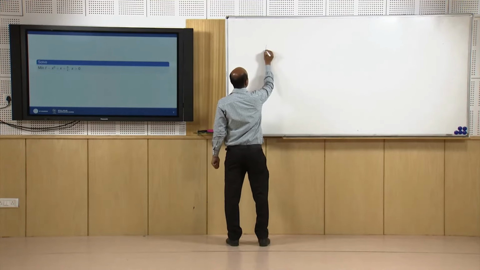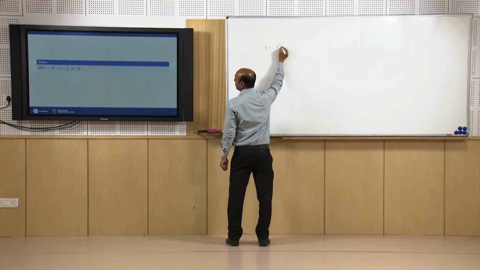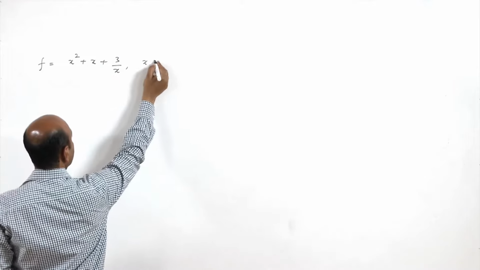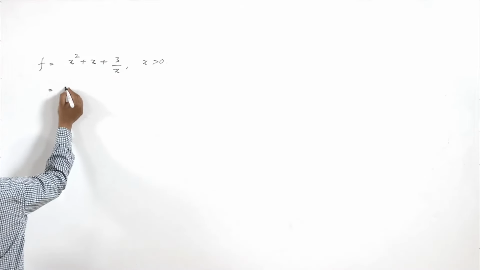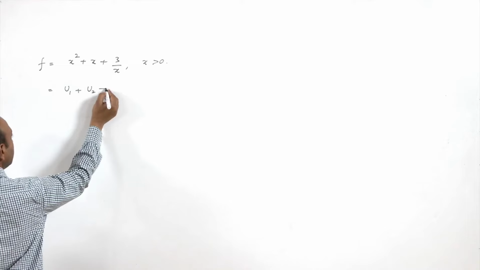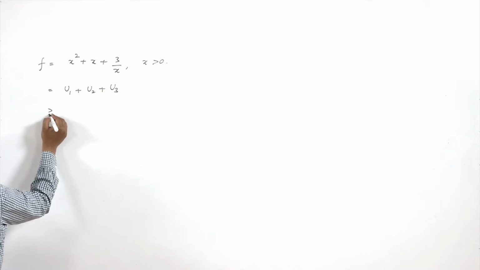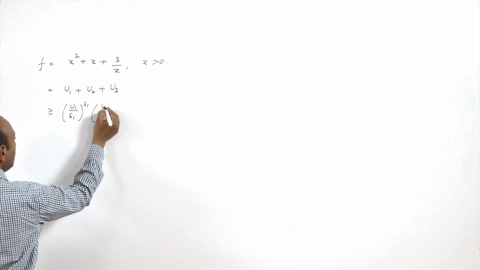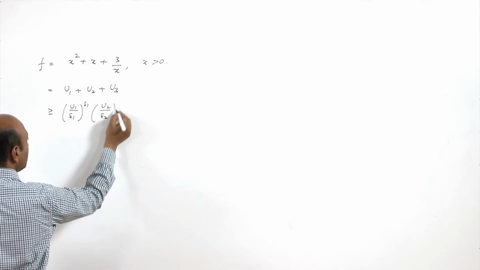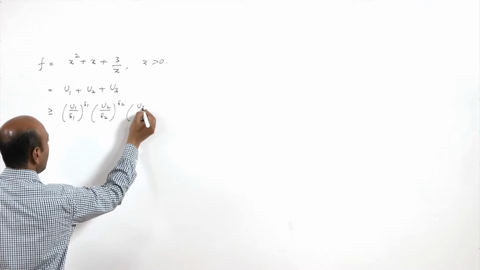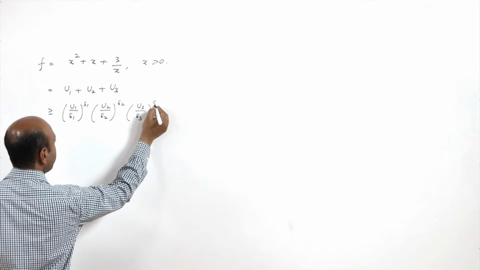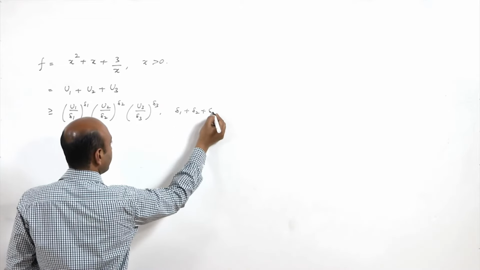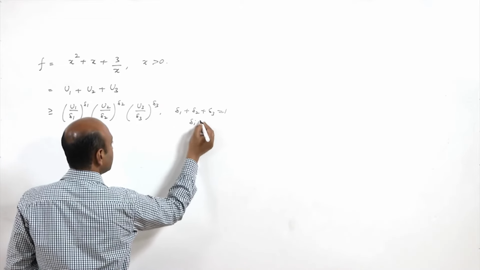So, for this problem, it is again an unconstrained problem. This is simply illustration, that u1 plus u2 plus u3 is greater than or equal to u1 upon delta 1 whole raised to power delta 1, u2 upon delta 2 whole raised to power delta 2, and u3 upon delta 3 whole raised to power delta 3, where sum of delta is 1 and delta i is greater than 0 for all i.